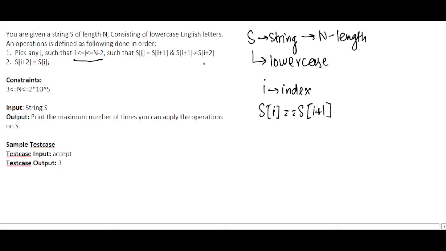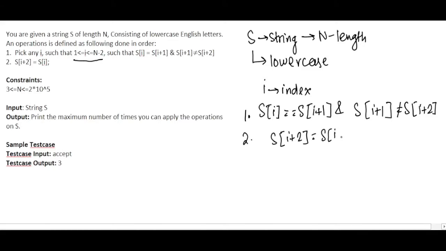So they are asking to check s of i equals s of i plus 1, and the second condition is s of i plus 1 is not equal to s of i plus 2. The third condition is s of i plus 2 is equal to s of i. We have to take all these conditions and apply them in our program to find the output.